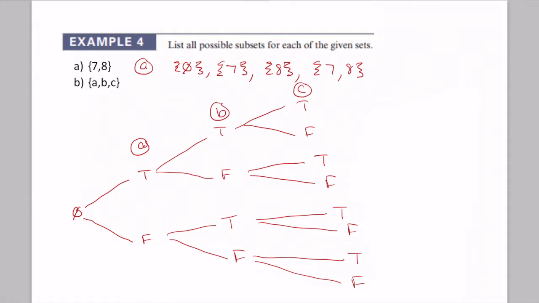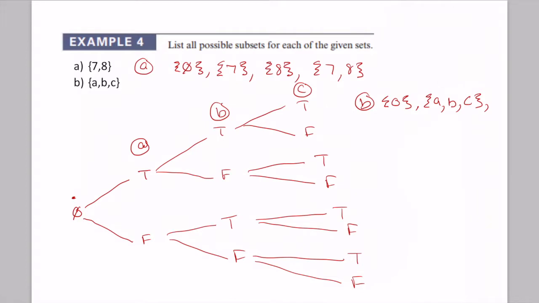So for B, we're going to start with the empty set, which is right there. Then we're going to start with true for A, so A is there. True for B, so B is there. And true for C, so C is there.